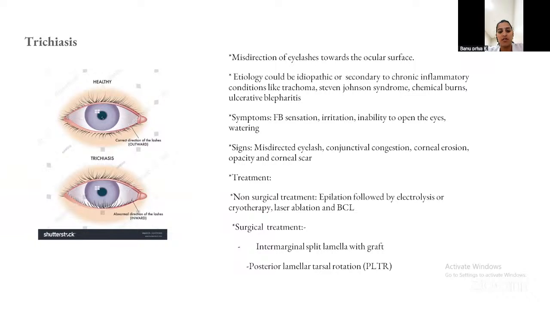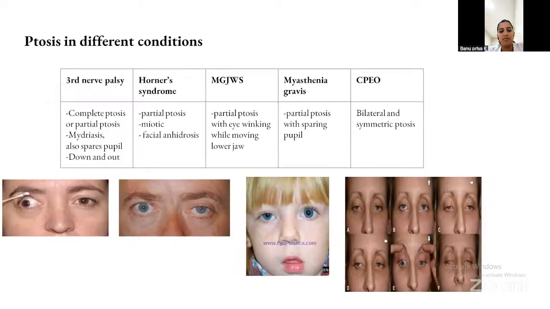Go back. In Marcus Gunn jaw-winking syndrome, with upper jaw and lower jaw movement, ptosis will be seen. So this is something congenital. And in myasthenia gravis, partial ptosis with a spared pupil. In myasthenia gravis, we also do one more test called the ice pack test.